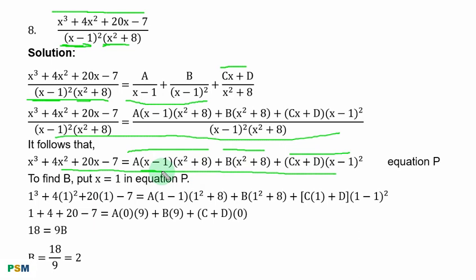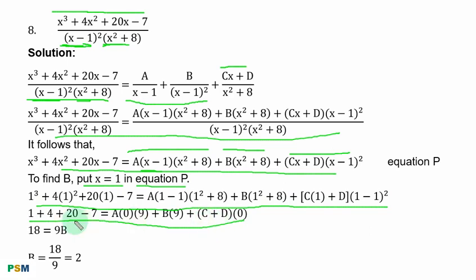So it is possible to turn the first and third terms to 0 by putting s equal to 1 in equation P. When you simplify, the first and third terms turn to 0.